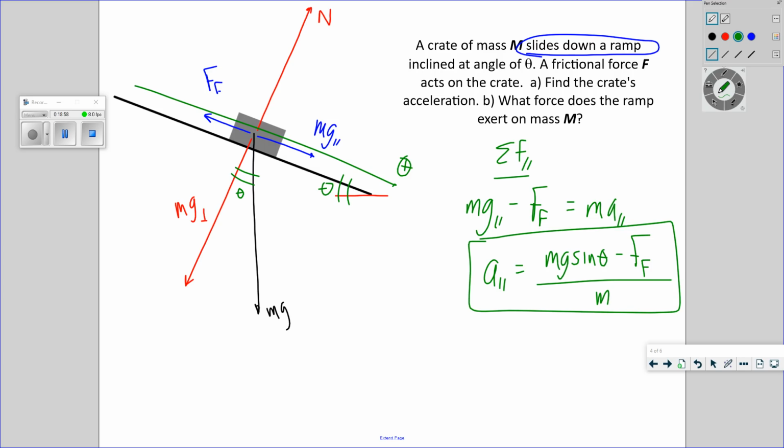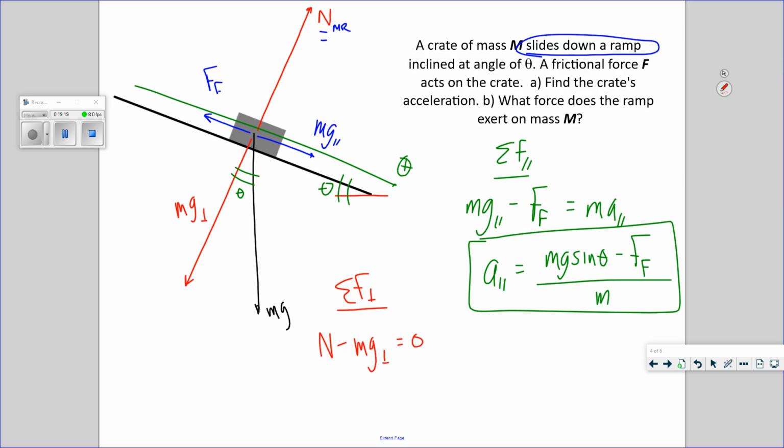What force does the ramp exert on the mass? Well, that is this force. That is the force on mass by ramp. That is a force that points in the direction perpendicular to the incline. So if we do net F perpendicular, we can say N minus mg perpendicular is 0.